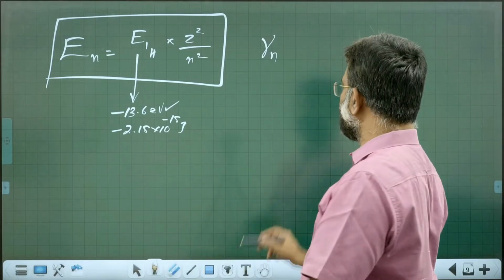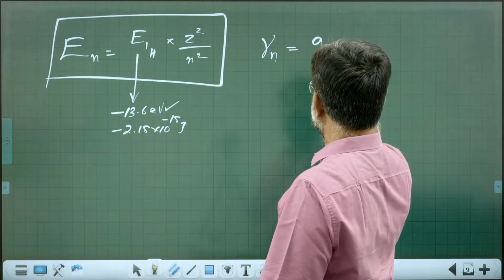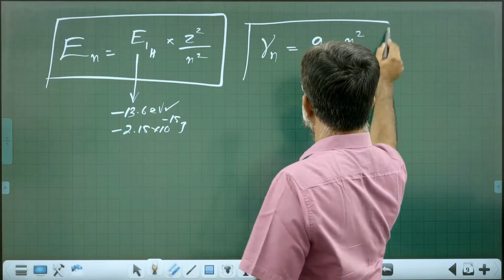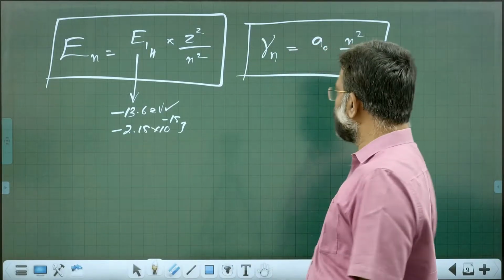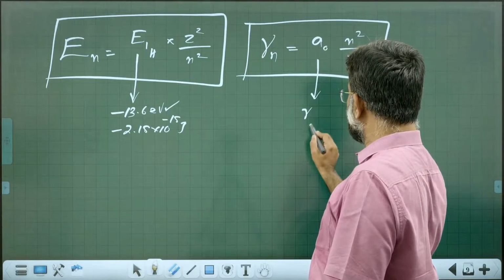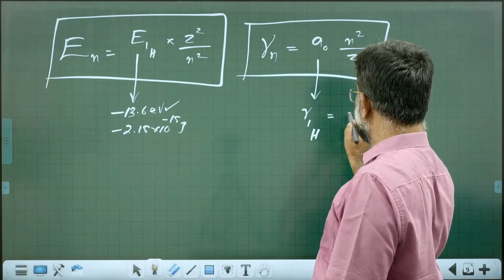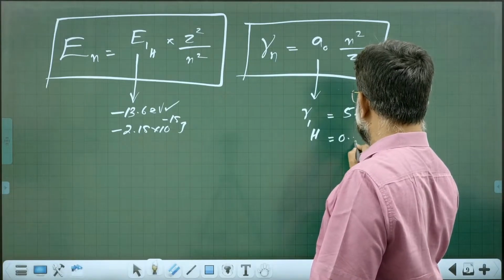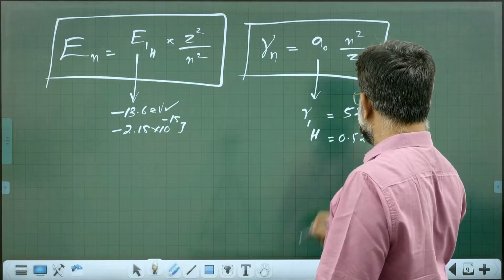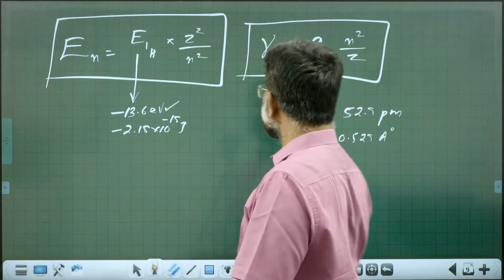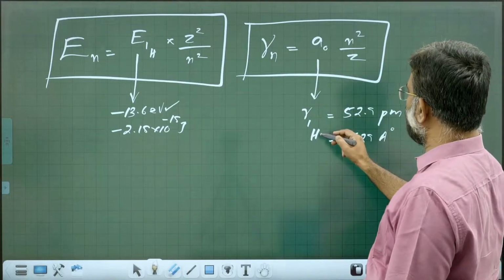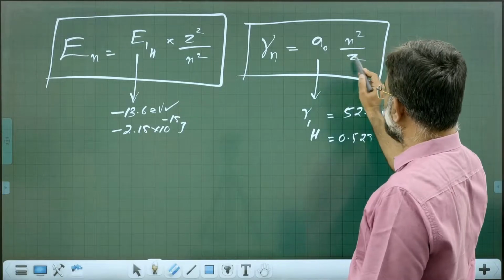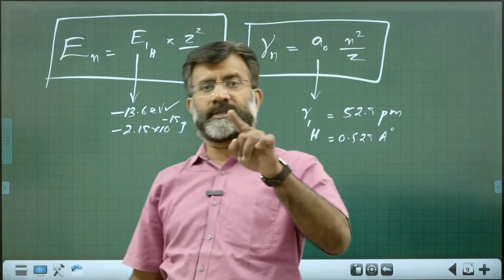Similarly, radius equation: Rn is equal to A0 N square by Z. What is A0? A0 means radius of first orbit of hydrogen atom, all of you know, 52.9 picometer or 0.529 Angstrom unit. It is a constant, into N square by Z. N is the orbit number, Z is the atomic number of the concerned species.